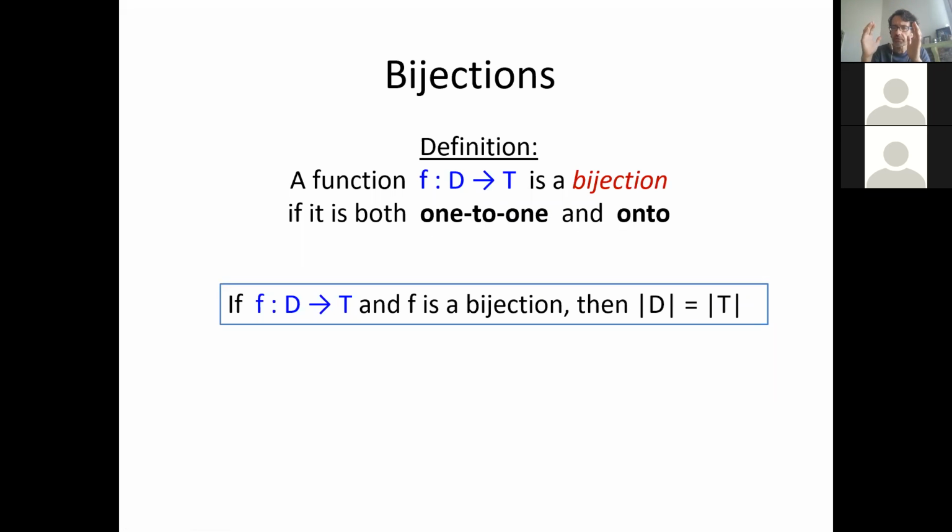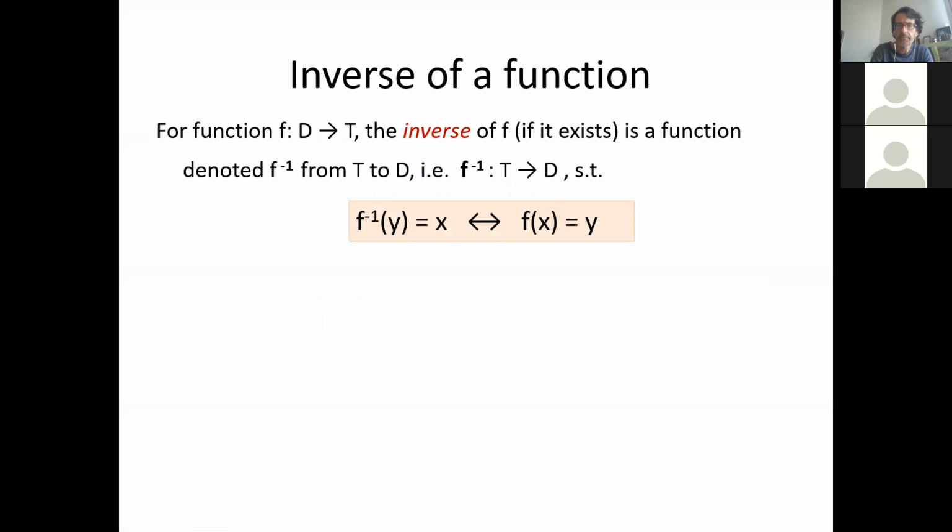One thing that immediately follows from the notion of a bijection is that the only way it can be a bijection is if the number of elements in the target is the same as in the domain. And also that it has an inverse, right? An inverse of a function from a domain to a target exists and is denoted f to the minus 1, like the inverse of an integer, but it's not an integer, right? It exists only if this function is a bijection, and the inverse is a function that takes the codomain and maps it back to the domain and satisfies the following property.